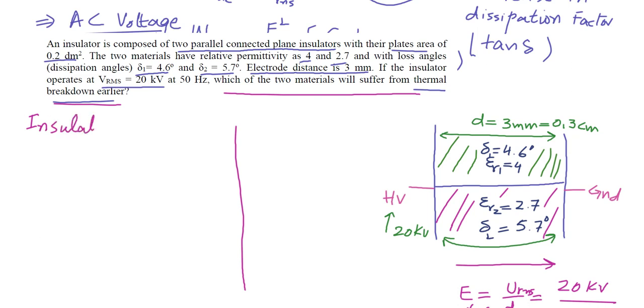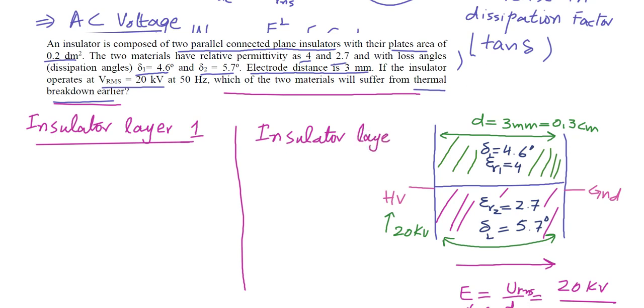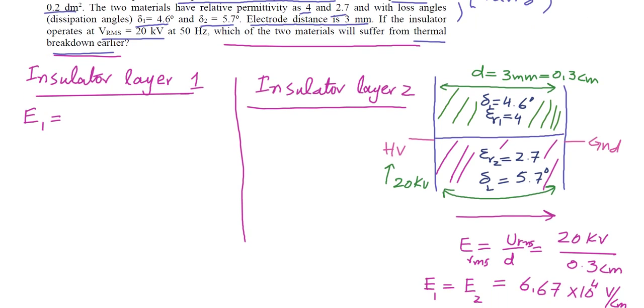insulator layer 1 and for insulator layer 2. Again, the given data: E1 is equal to 6.67 into 10 raised to the power 4 volts per centimeter.